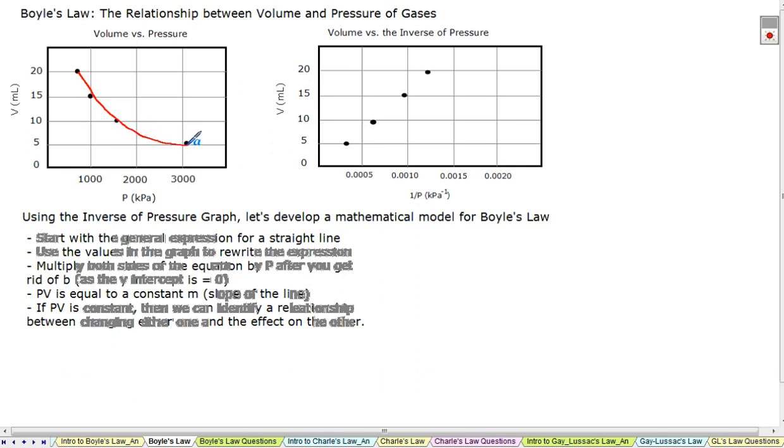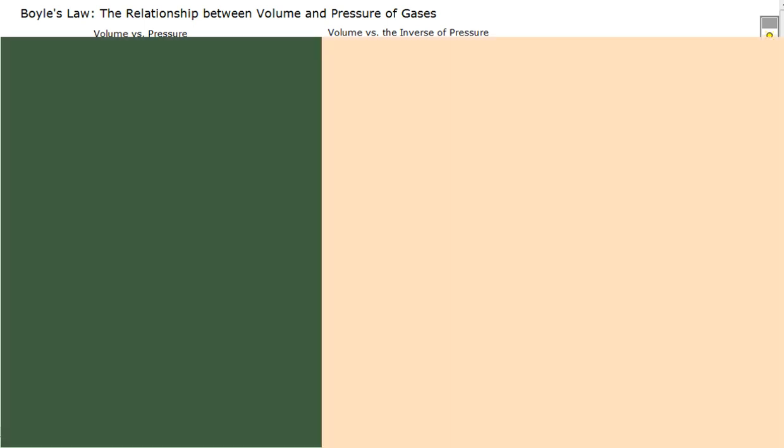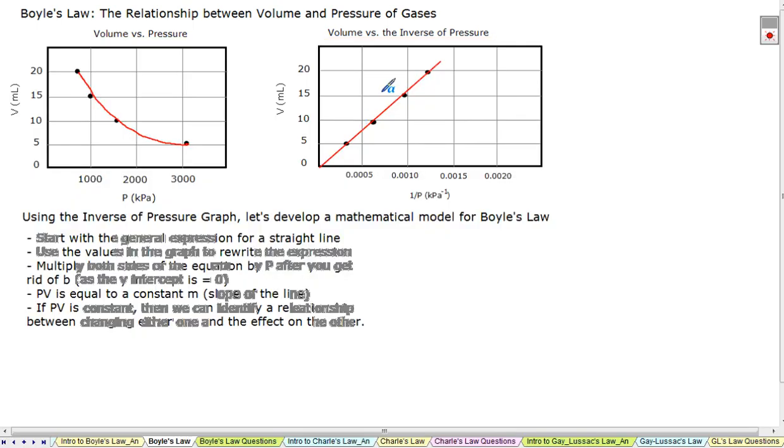This is what we would call an inverse relationship, where if one thing goes down, the other increases. To give us a nice solid line, we've taken the pressure values and inversed them. We've taken 1 and divided by the pressure, and now we get a nice linear line.